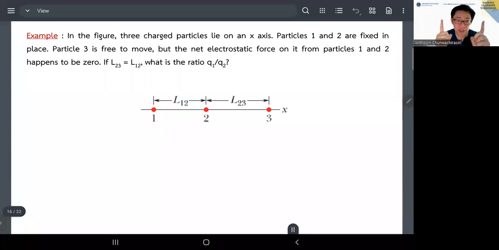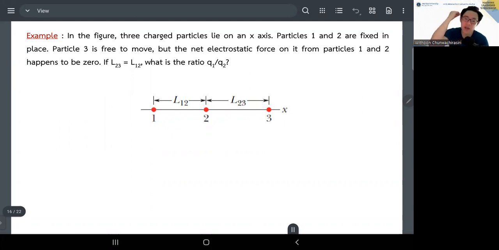But the information is here. But the net electrostatic force on it from those first 2 particles happens to be 0. Given that the distances L12 and L23 are the same, what should be the ratio of the charge on particle 1 and 2? You want to give it a shot?